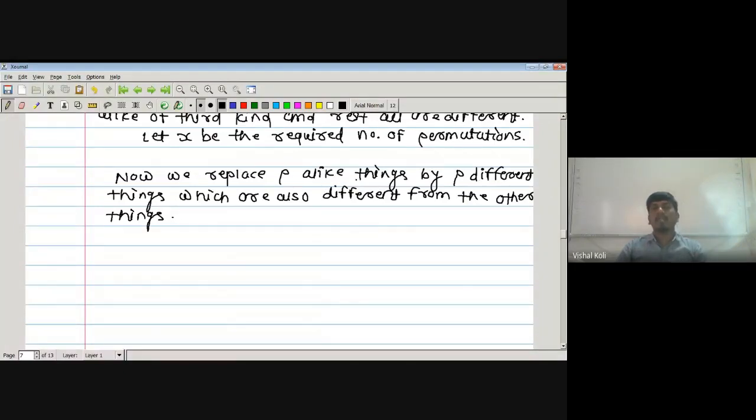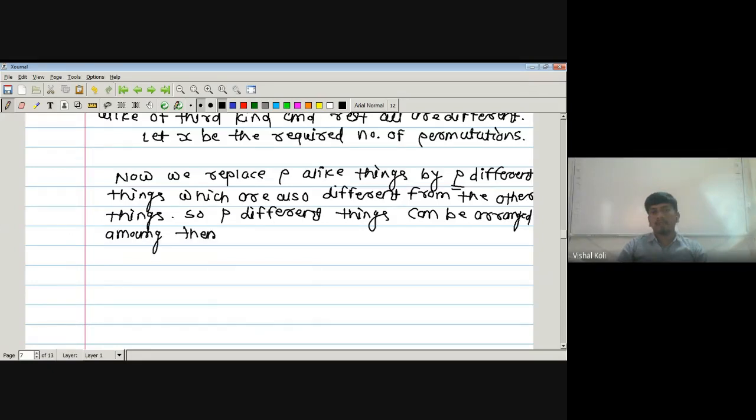That is, we have replaced p alike things by p different things. Now these p different things can be arranged among themselves in p factorial ways.